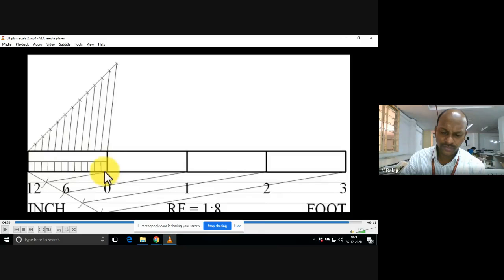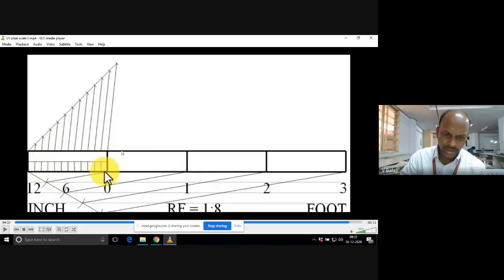We have to draw the vertical line from 2 feet, and from the left side we have to draw 7 inches. Correct. You need to draw two vertical lines, one from 2 feet, and to the left hand side of 0, you would get 7 inches here. Okay, I have shown you only 0, 6, and 12, but in between you can note down 1, 2, 3, and at 7 you need to draw one vertical line.